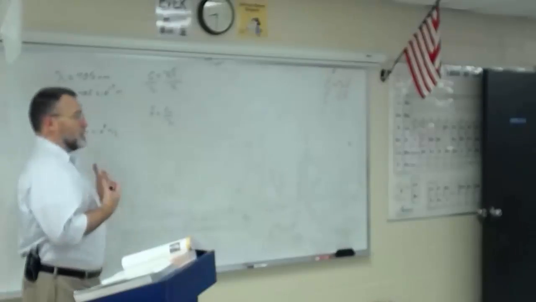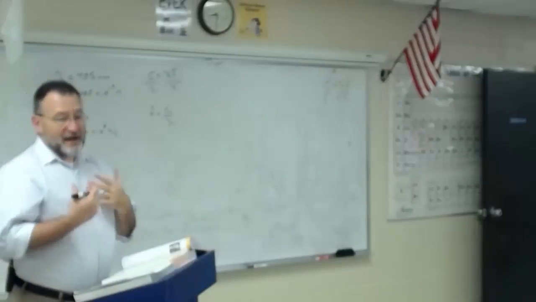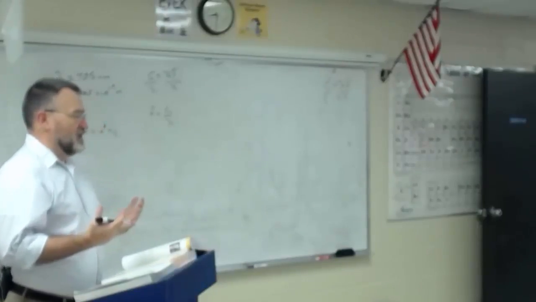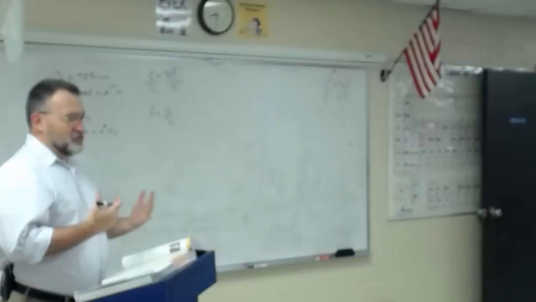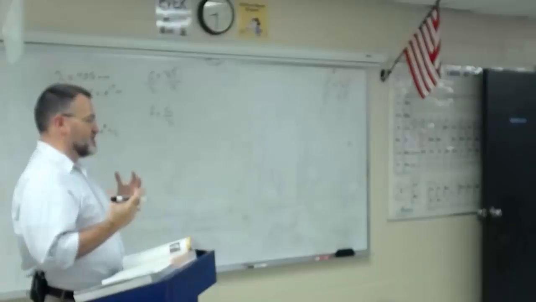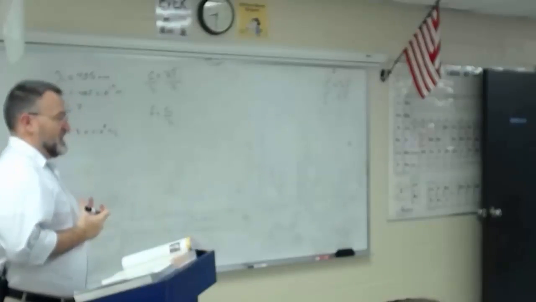So I recognize too from the quiz that some of you are struggling with what I believe is scientific notation. Unfortunately, where we are in junior year in science, scientific notation is something that you really need to have a handle on by now.